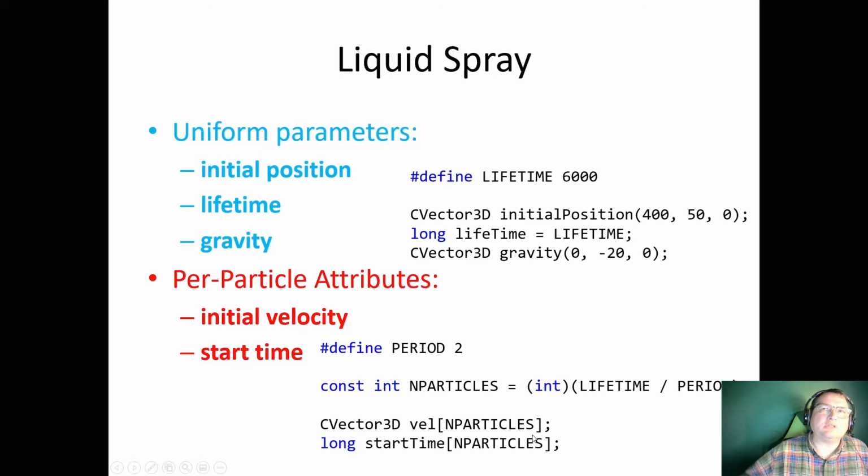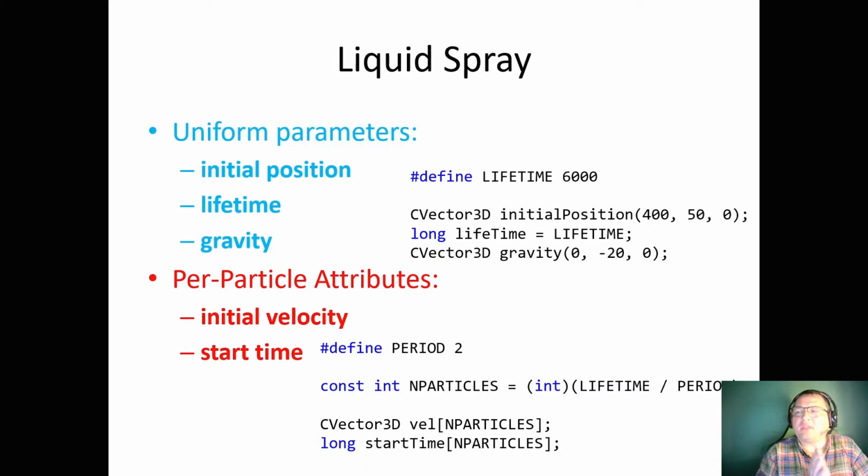Please remember velocity is how fast but also what direction, so it has to be x, y, z coordinates. And start time, which is just the moment measured in milliseconds, so it's a simple array of long integers.